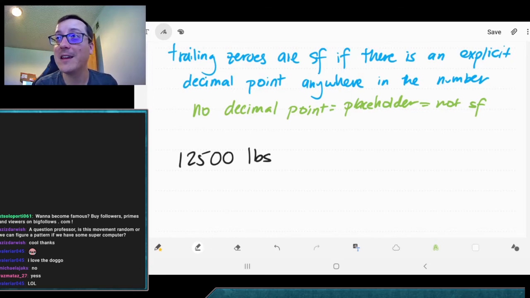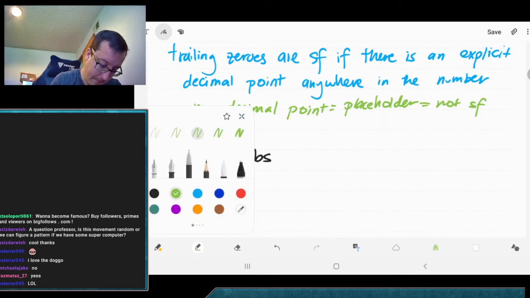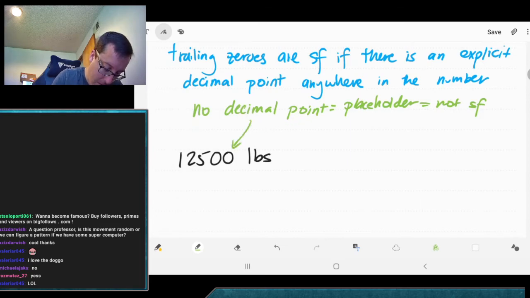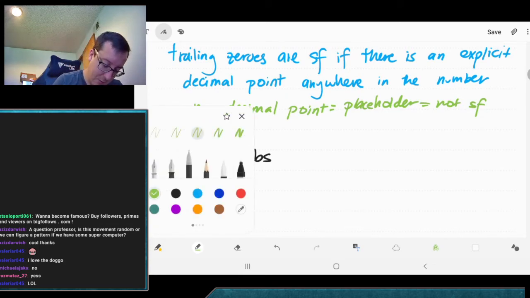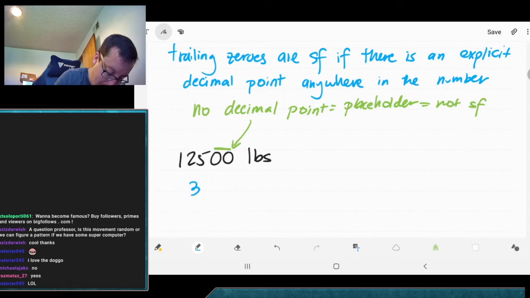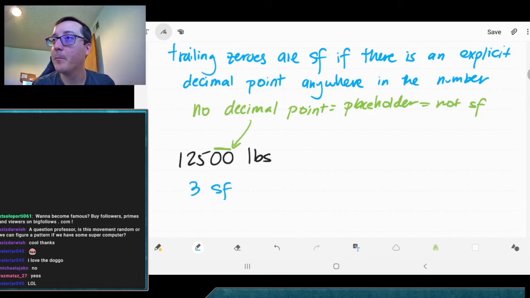So that means zeros at the end are not significant. So these two zeros here are not significant, which means that this number has 3 sig figs.